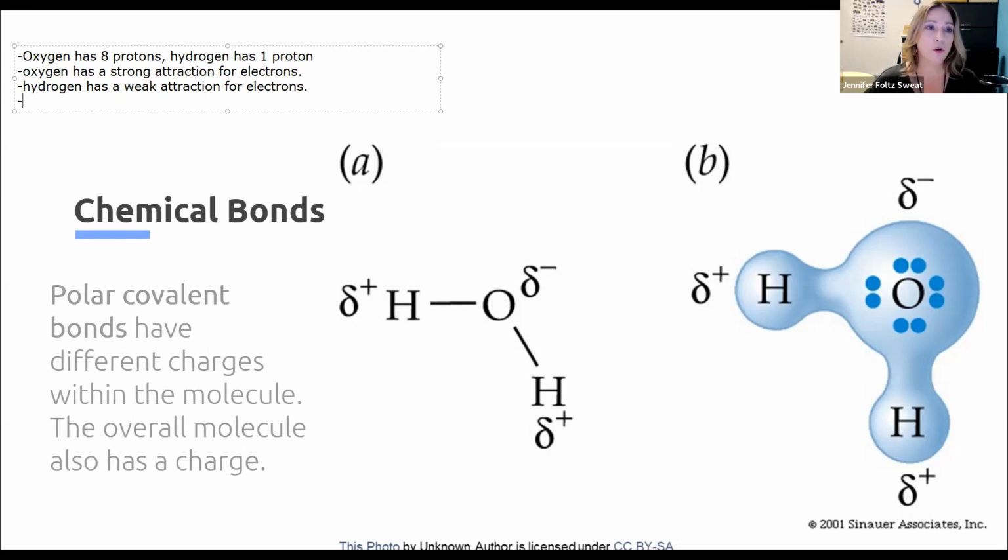So this is what I just told you. Oxygen has a strong attraction for electrons. Hydrogen has a weak attraction.